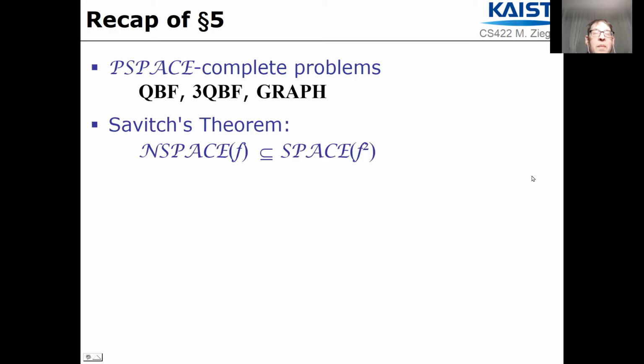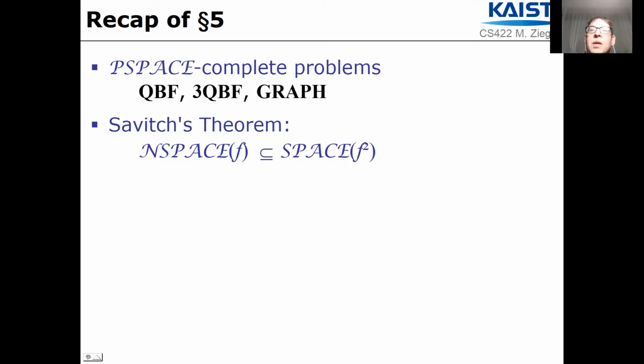So we talked about P-space complete problems, quantified Boolean formula in 3 conjunctive normal form, and a graph problem with this 2-player problem. We showed that all these problems can be solved in polynomial space, usually using some sophisticated recursive algorithm. Recursive algorithms are good for memory saving, although they might require recalculating intermediate properties that we've already determined before, but which we decided to forget and not store in order to save memory.